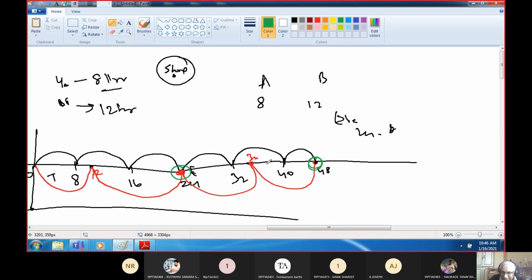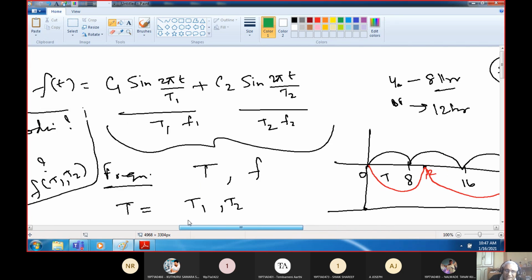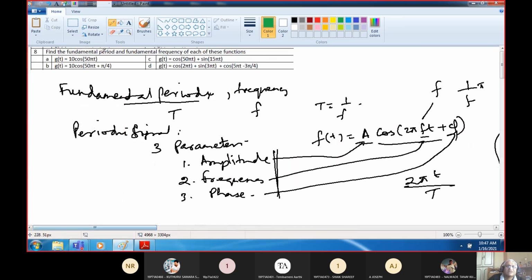So their meeting is happening at regular intervals of time. So this is the thing that the question is asking. What is the question asking? If you have a signal, it is asking to find the fundamental time period here.